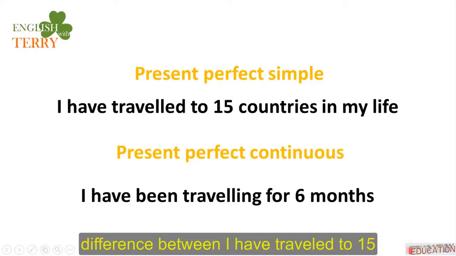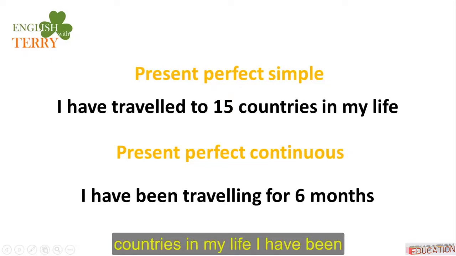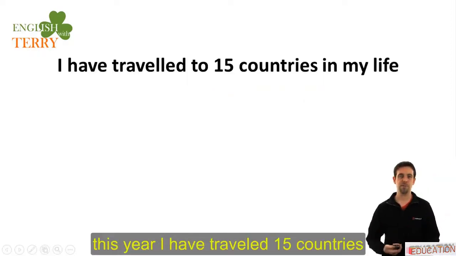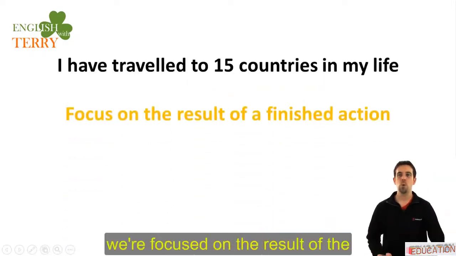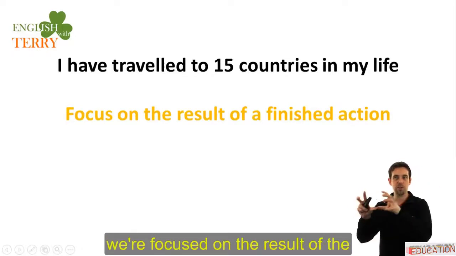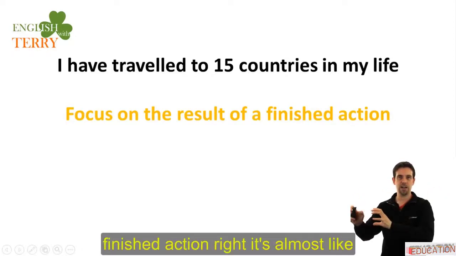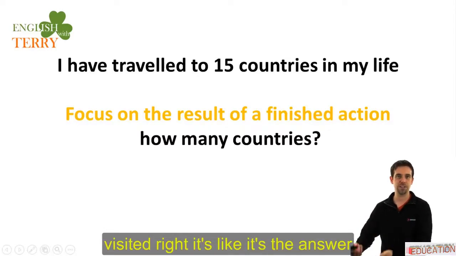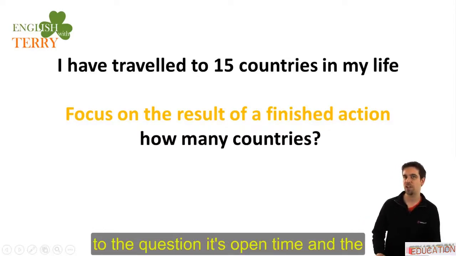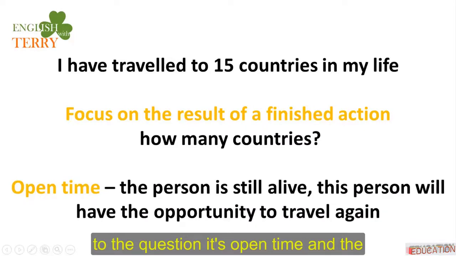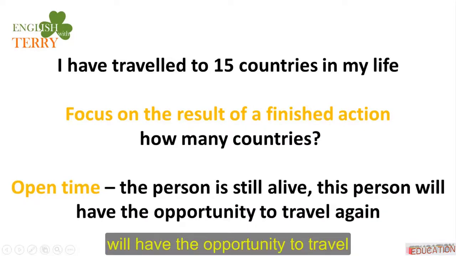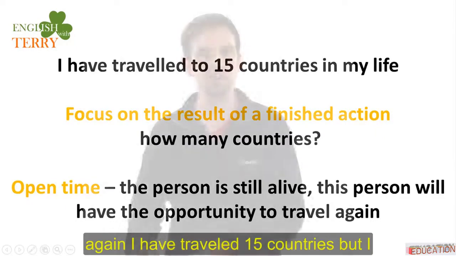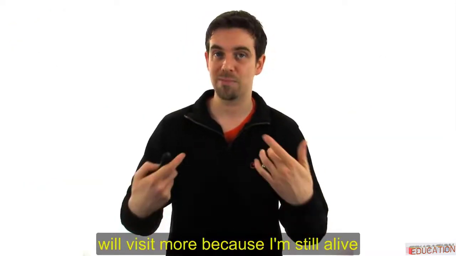When we have I have traveled to 15 countries in my life, we're focused on the result of a finished action, right? It's almost like the question, how many countries have you visited? It's the answer to the question. And it's open time when the person is still alive and will have the opportunity to travel again. I have traveled to 15 countries, but I will visit more because I'm still alive.